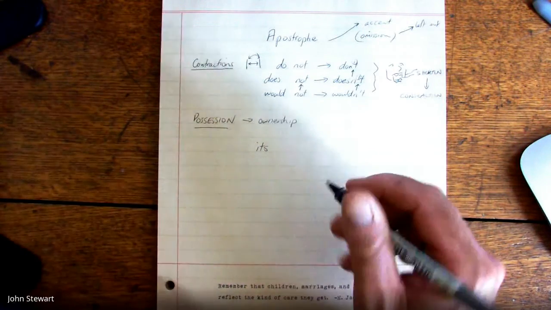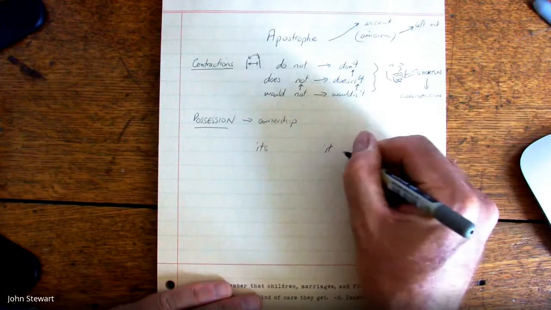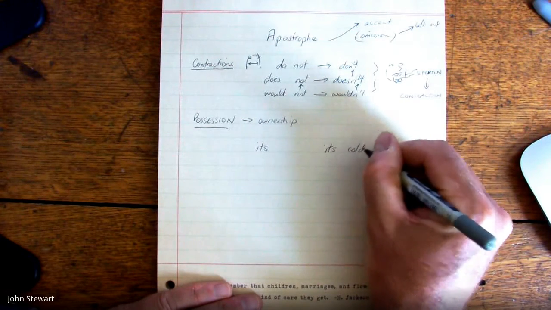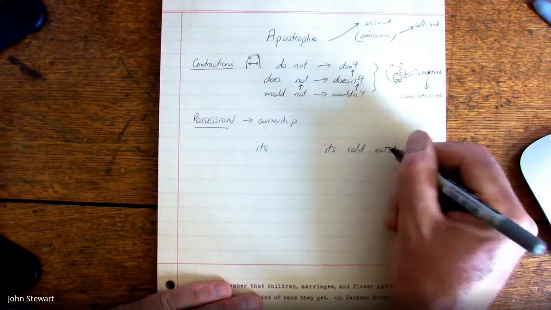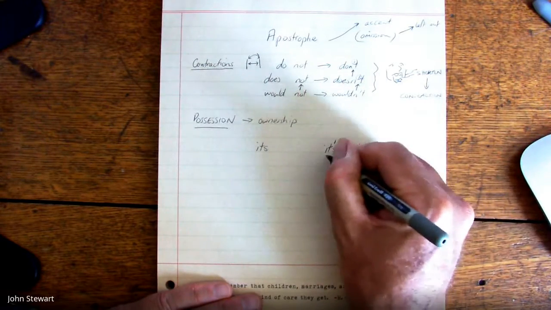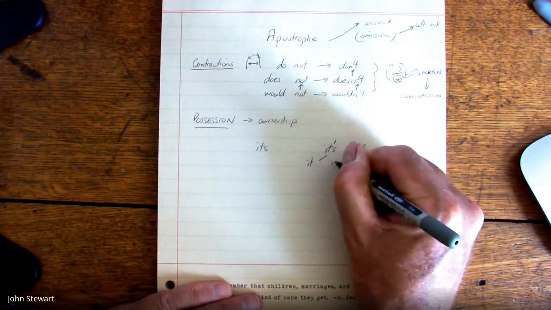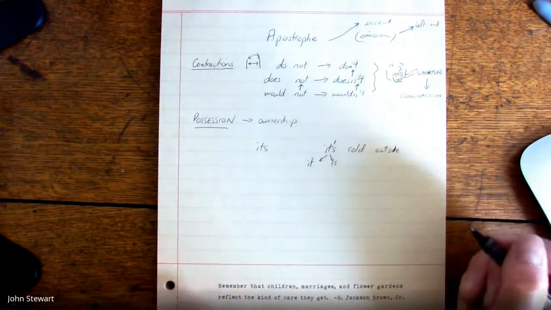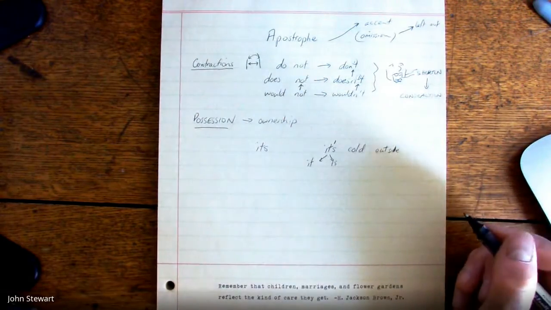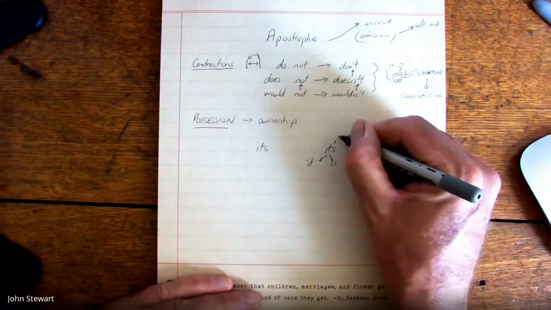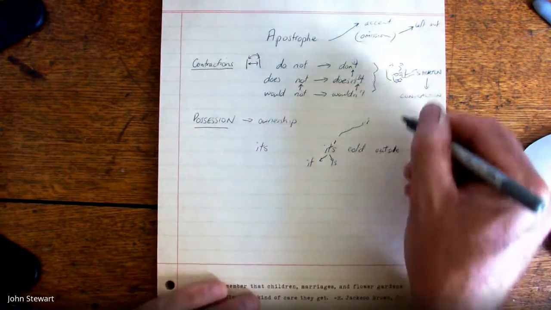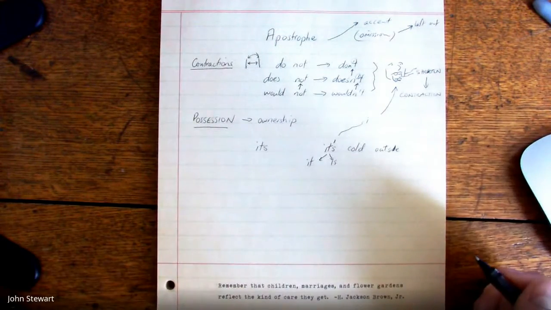When we're saying it's cold outside, we're using a contraction, it is. So the apostrophe is telling me I've got a letter missed out. The I sits out because I'm a lazy speaker.